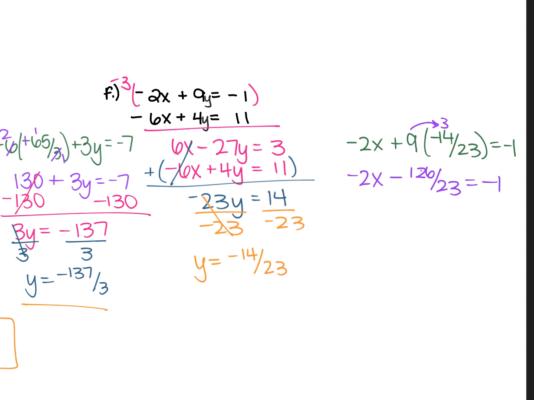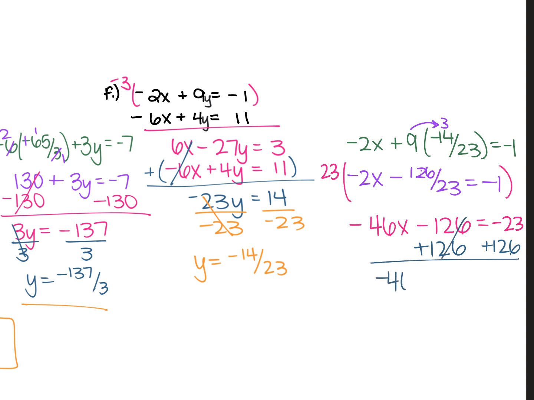From here, I don't want to work with my fraction, so I'm going to multiply everything by 23. And that's going to give us -46x minus 126 is equal to -23. Move the -126 over by adding it to both sides. This gives you -46x is equal to a positive 103.